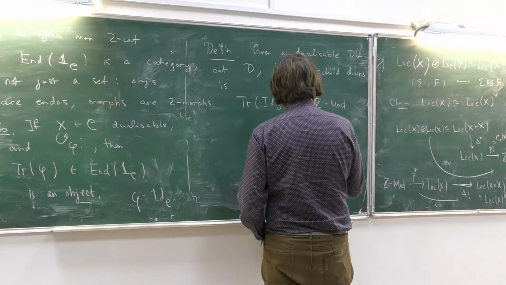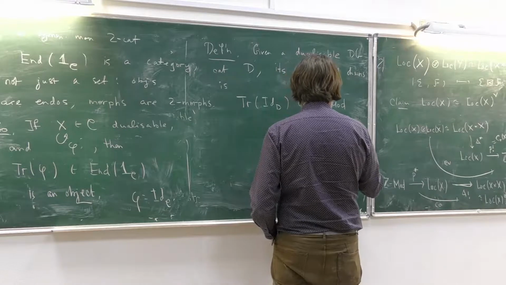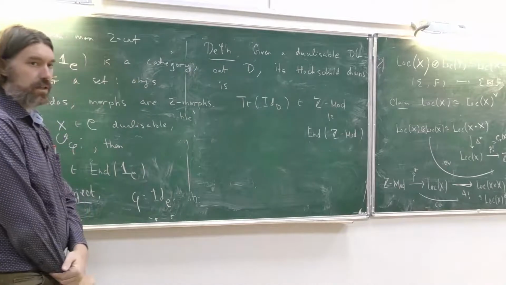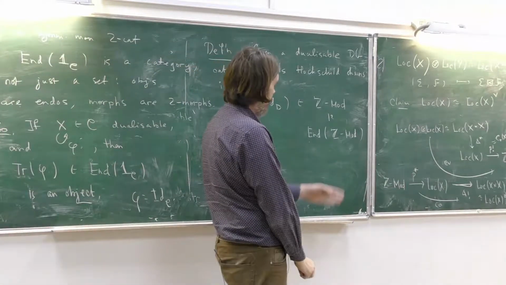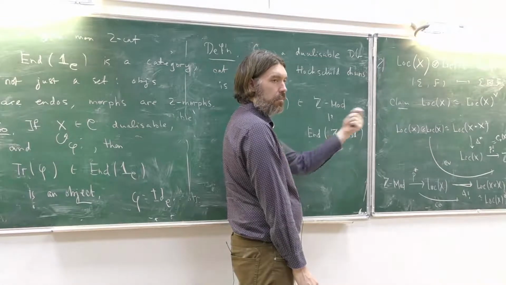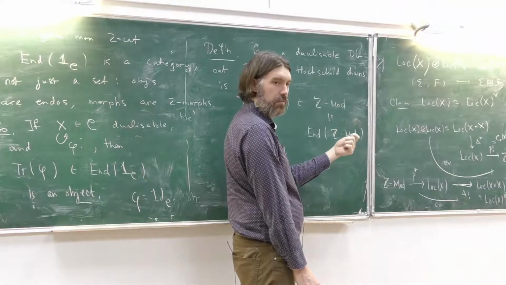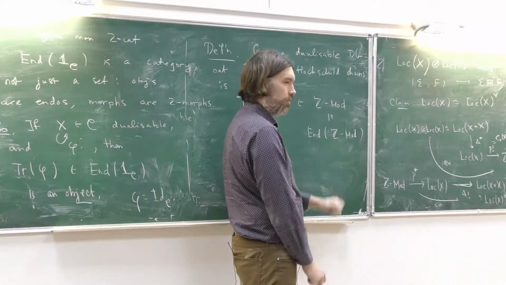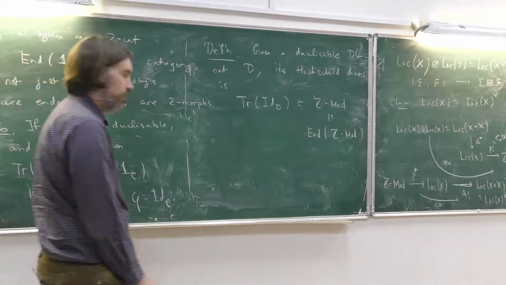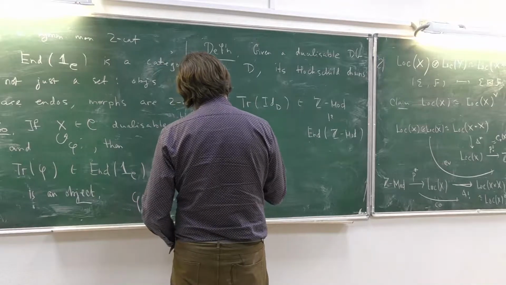This is continuous endomorphisms of Z modules. Remember, this is the unit for this tensor product of DG categories. And remember, how did I give a functor between module categories? I just gave you a bimodule. But a bimodule over Z is just a complex of abelian groups. So these are equivalent. So let's write out what it is explicitly. Just remember what the trace is. I have Z modules.